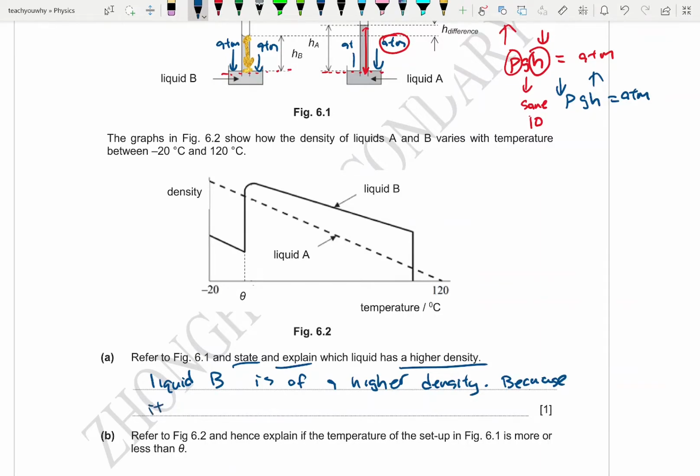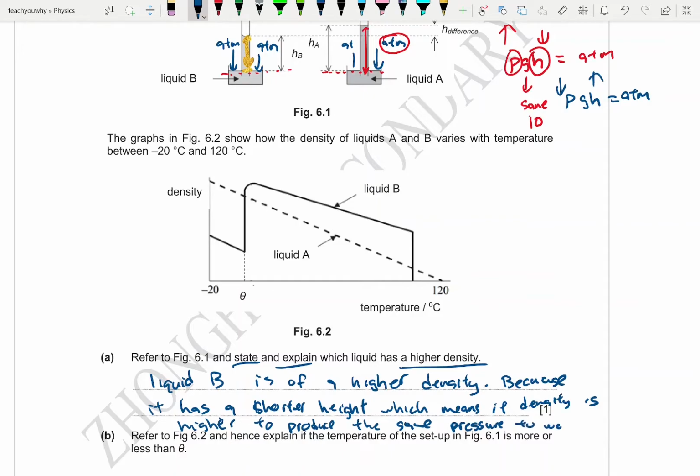Because it has a shorter height, which means its density is higher to produce the same pressure to work against atmospheric.